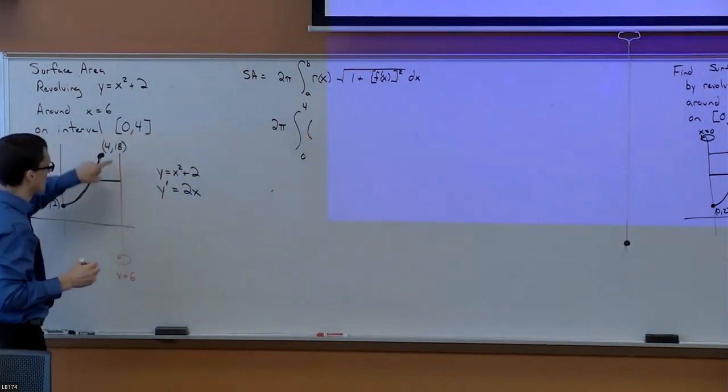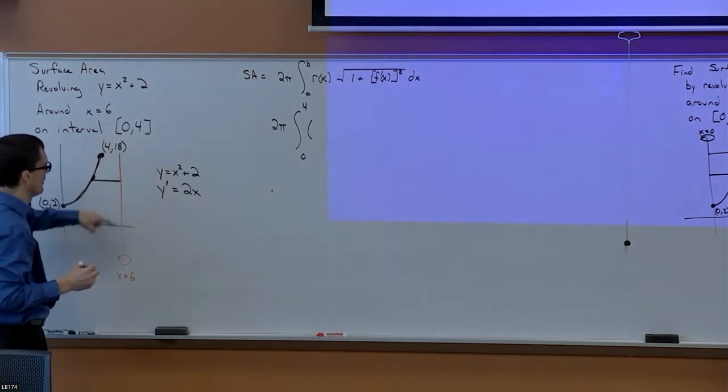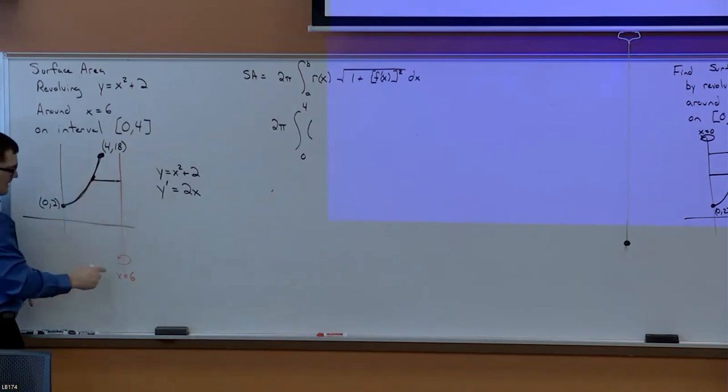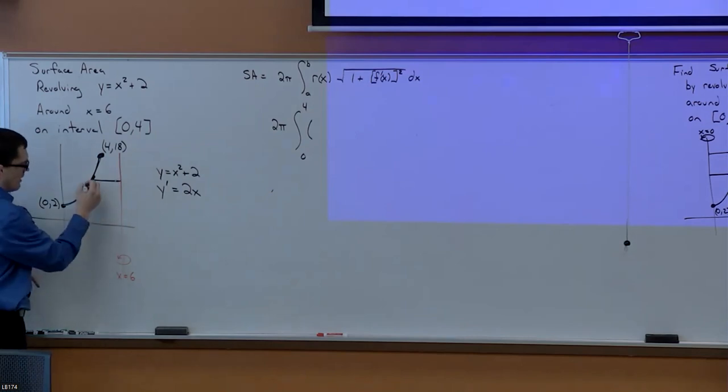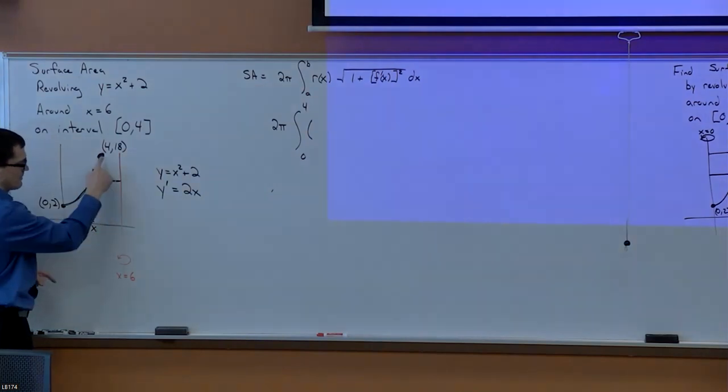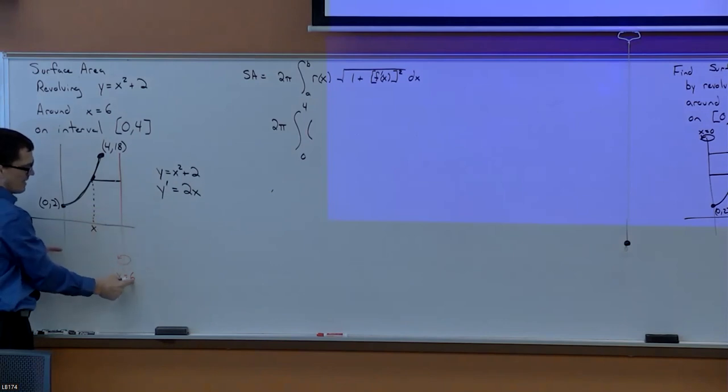I am revolving around a vertical line. That means I'm going to go from an arbitrary x value, wherever that happens to be between 0 and 4, around my line that I'm rotating, which is x equals 6.